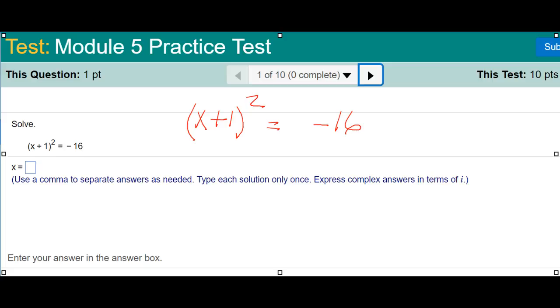So we've set it up, and the strategy when we want to get rid of an exponent like this, we use that radical operation. Here there would be a 2, but we don't write it. So when this is 2 and this is 2, then this just becomes the radicand.